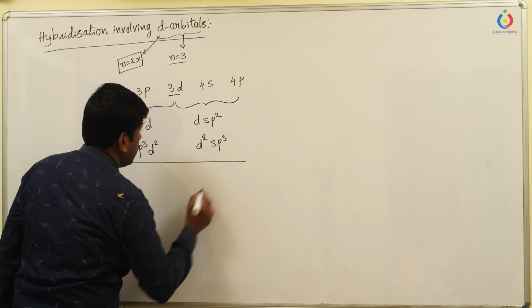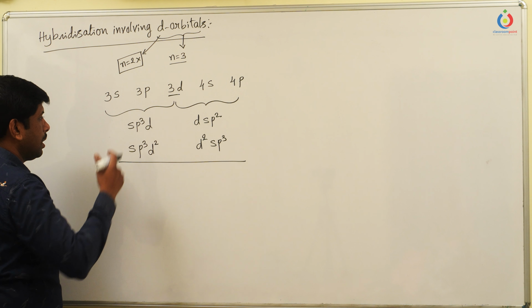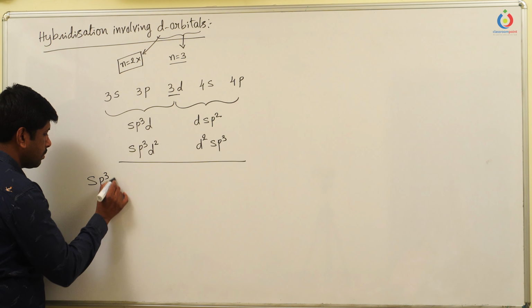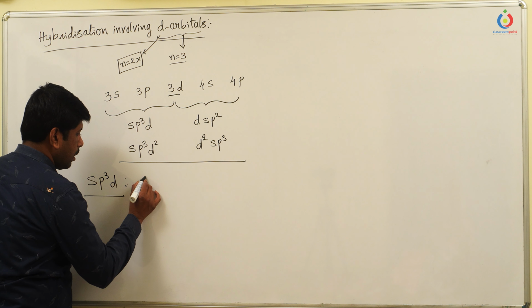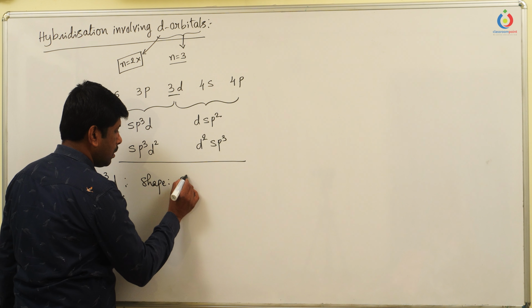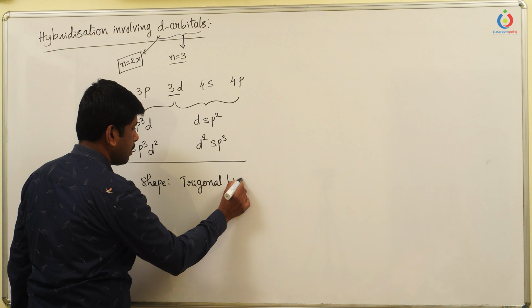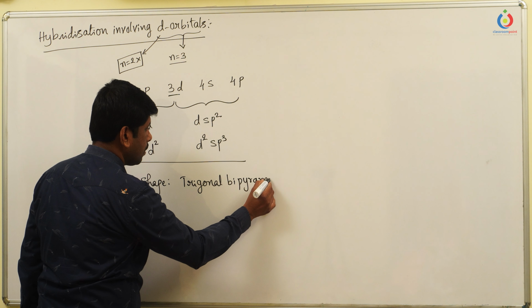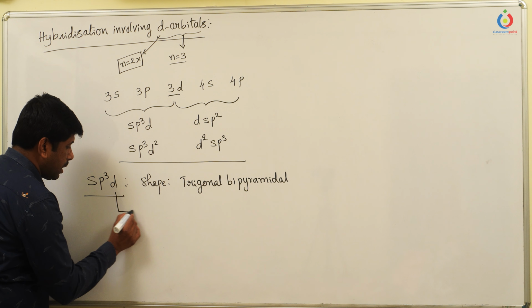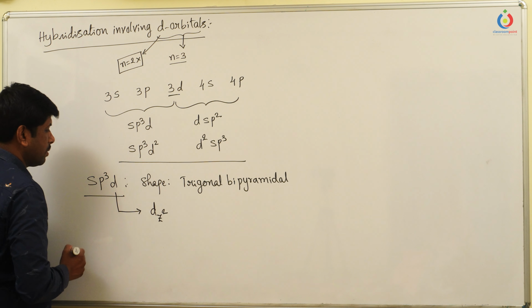Now, let us see what type of shapes these molecules have and what d orbitals are participating. In case of sp3d hybridization, the shape of the molecule is trigonal bipyramidal, and here the d orbital participating in the hybridization is dz square.